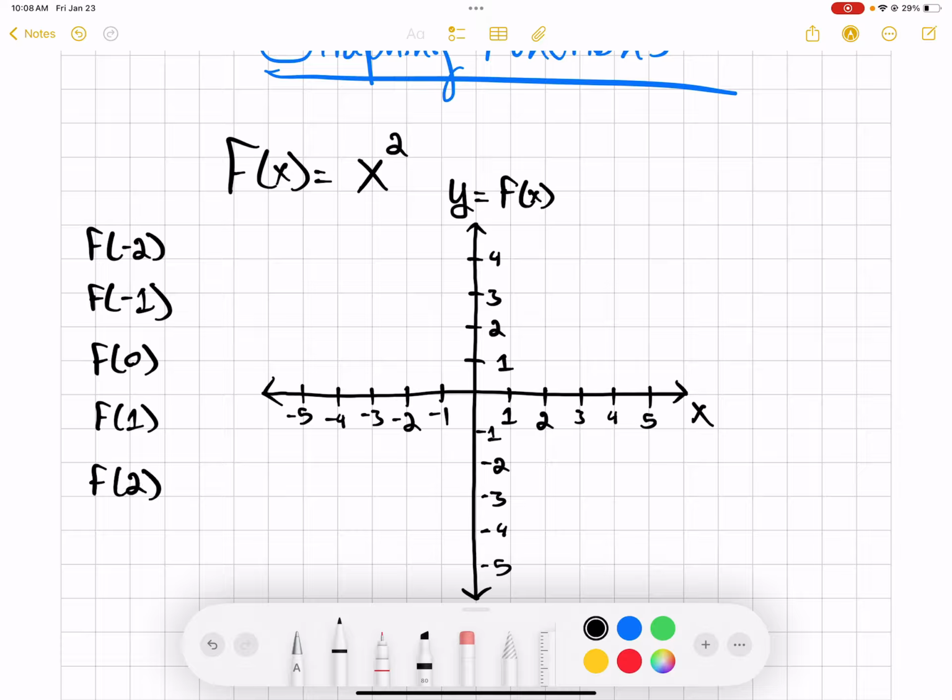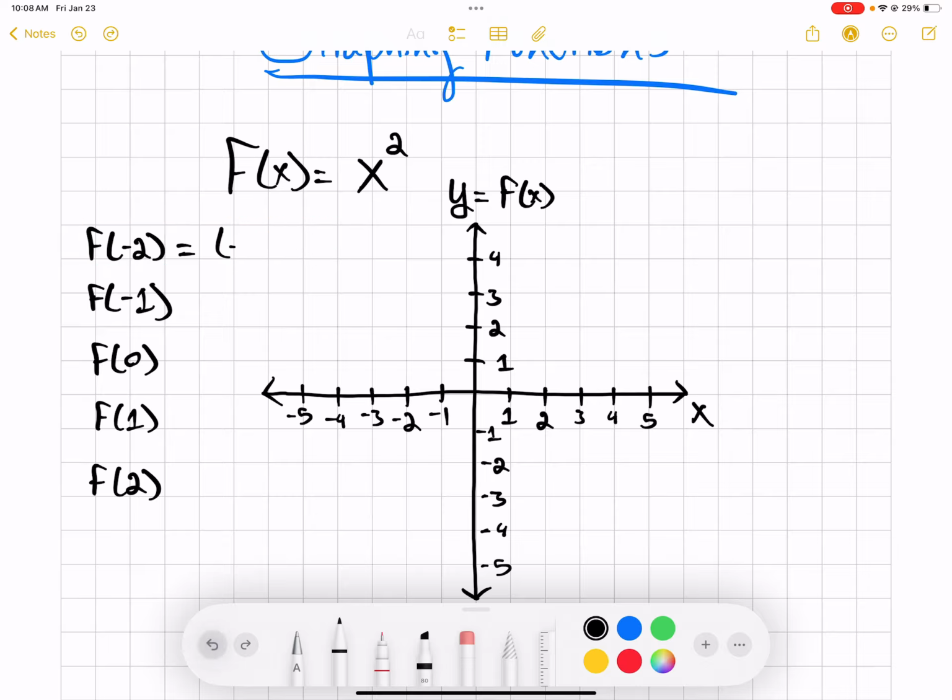Okay. So f of -2: f of x is equal to x squared, as we defined up here. So when -2 is our input, that's -2 squared, which is equal to 4. So f of -2 is equal to 4.